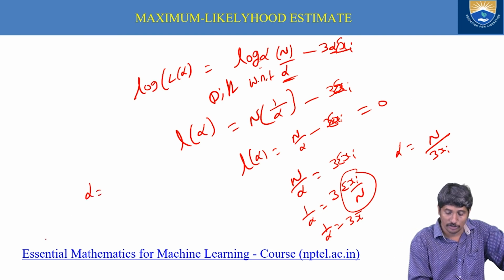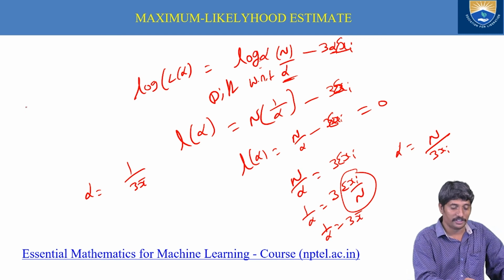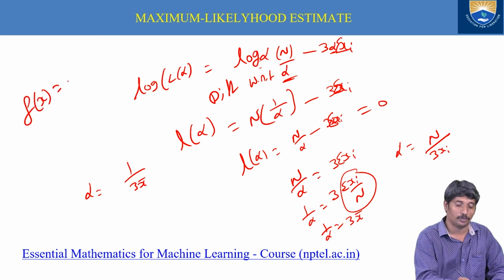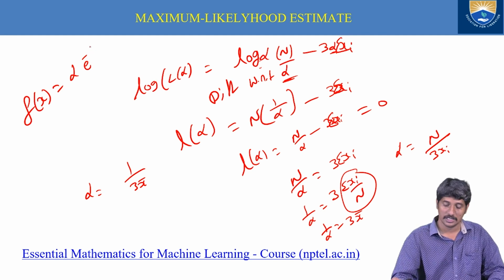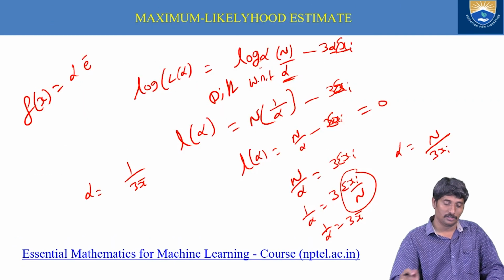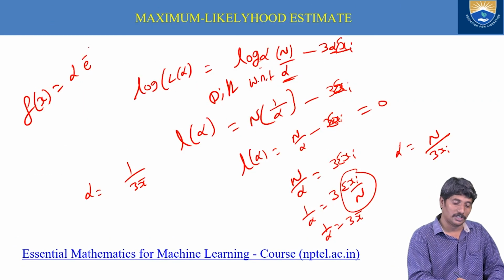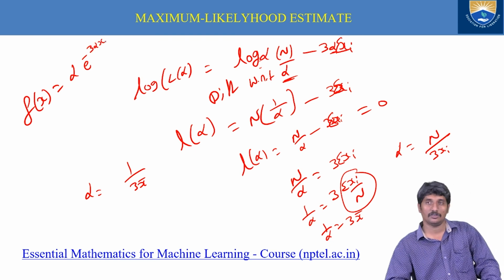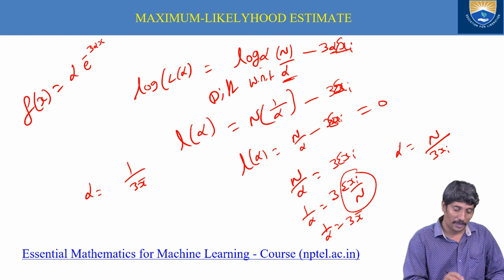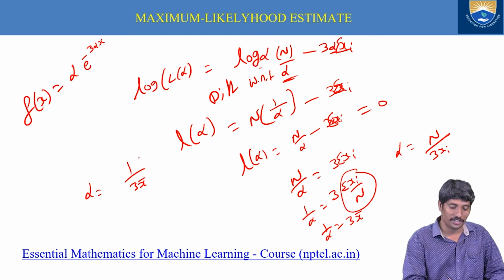So alpha is equal to 1 by 3x bar. That means for the density function f of x is equal to alpha into e power minus 3 alpha x, the maximum possible value for alpha is 1 by 3x bar.